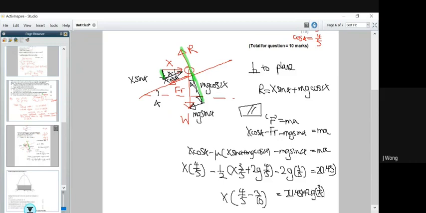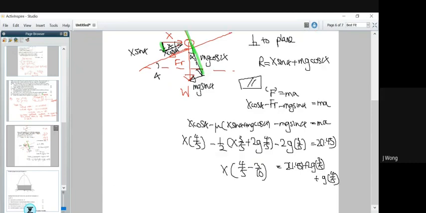And since the friction is mu R, we could just substitute that into it. So x cos alpha minus mu times R, so x sine alpha plus mg cos alpha, minus mg sine alpha equals ma.